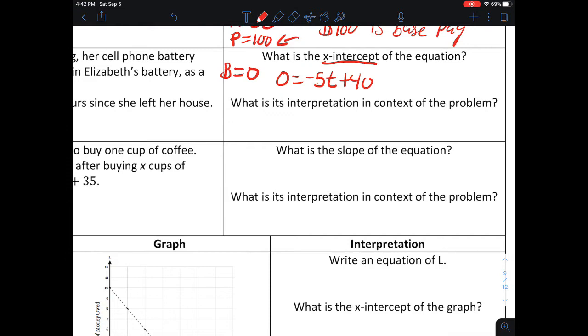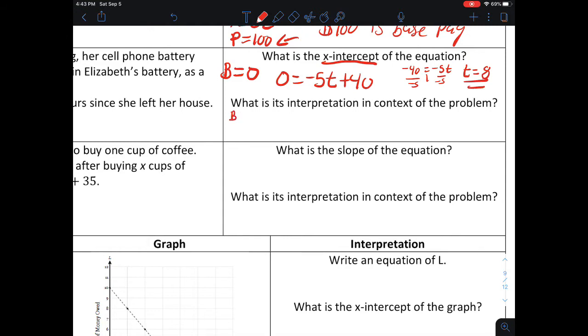I would subtract 40 to the other side and divide by negative 5. So if I subtract the 40, I'd have negative 40 equals negative 5 times t. Divide by negative 5, and we get t is going to equal 8.